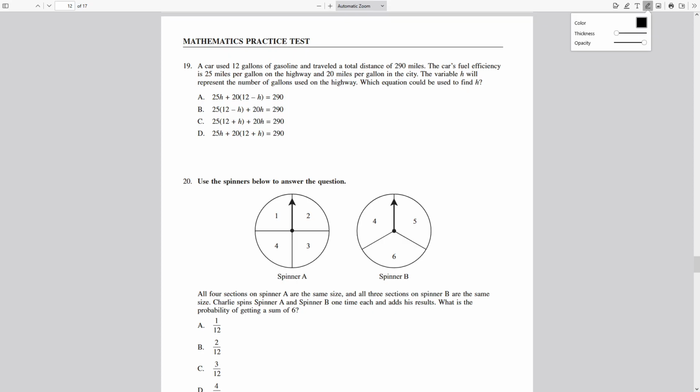Okay, so we're trying to find how many gallons of gas was used on the highway. So, we used a total of 12 gallons, 290 miles. 25 miles per gallon was used on the highway, and 20 miles a gallon was used in the city.